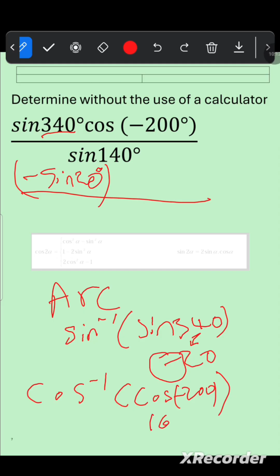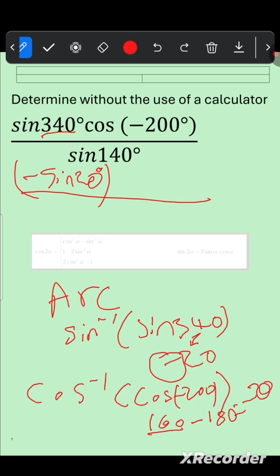And since I get 160, I must subtract 180 from it, because this angle did not reduce to the level that I want. When we reduce, the angle must be less than 90. So since this angle was not less than 90 when I reduced it, then you subtract 180, so that now it will become negative 40. Sorry, it will become negative 20. The answer will be negative 20.